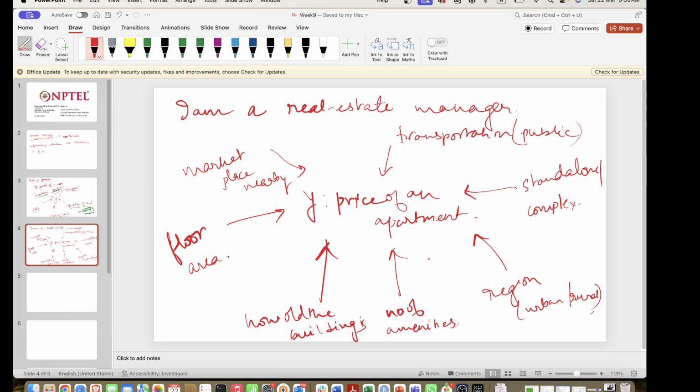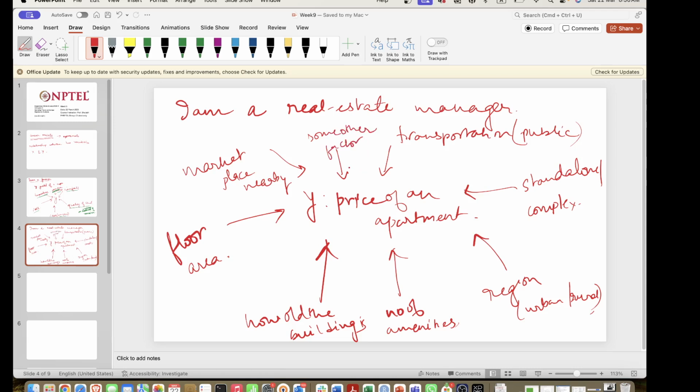Apart from this, even if all of this is the same, even then we find certain differences in the price of an apartment. That is due to some other factor that we don't know.